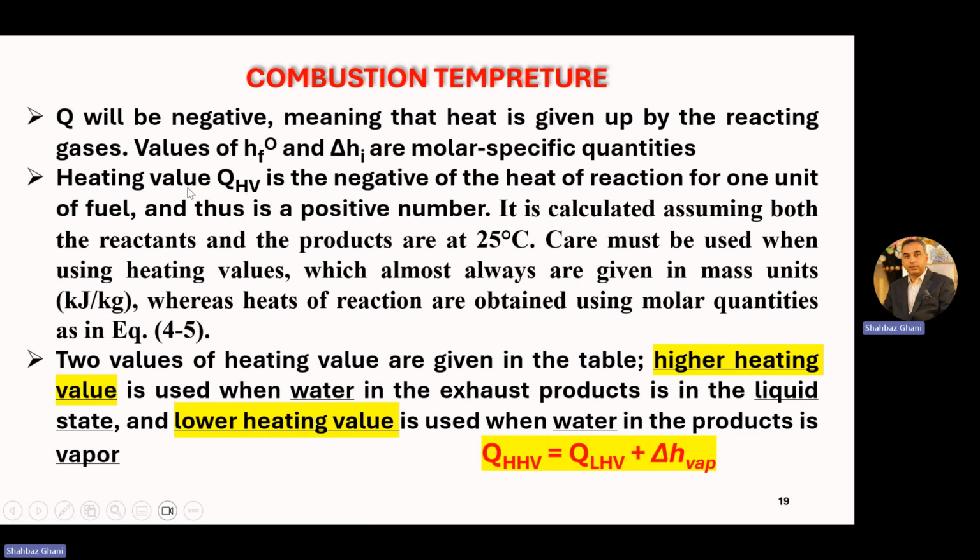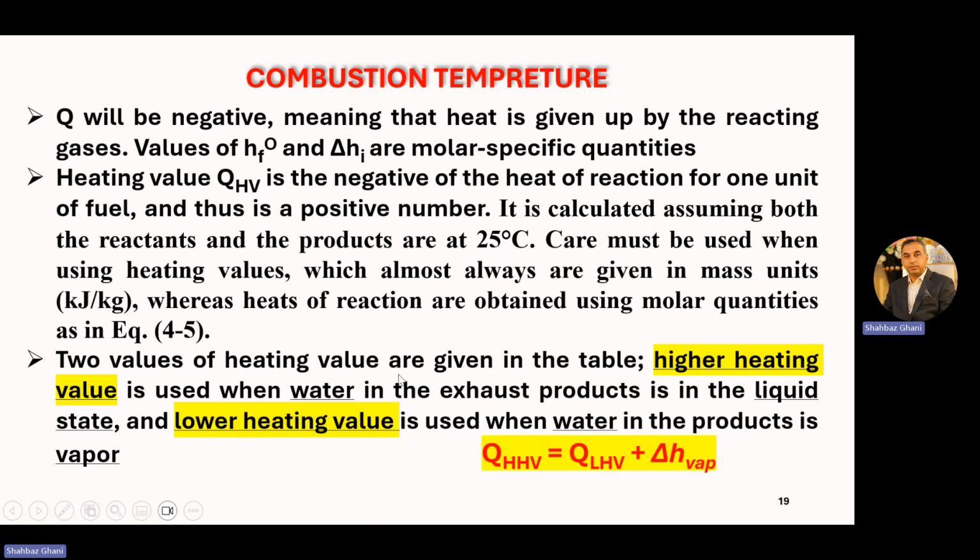Now, heating value QHV is the negative of the heat of reaction for 1 unit of fuel and thus is a positive number. It is calculated assuming both the reactants and the products are at 25 degrees Celsius and atmospheric conditions. Care must be used when using heating values, which almost always are given in mass units, kilojoules per kilogram, whereas heats of reaction are obtained using molar quantities as in equation 4-5.